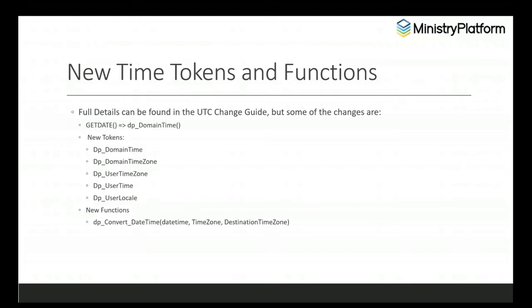And then user locale will allow you to actually format things in different locales, which is something we haven't talked about as much yet. But this platform update is not just time zone shifting, it's also the ability to have different locales. So, for example, dates are formatted differently for people in Great Britain than they are in the United States.